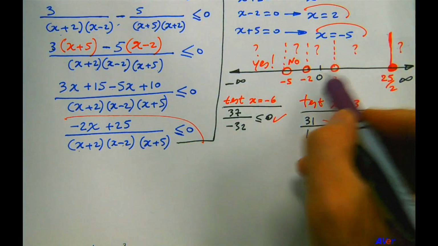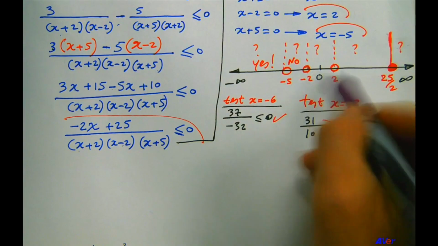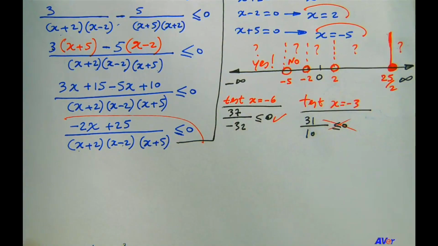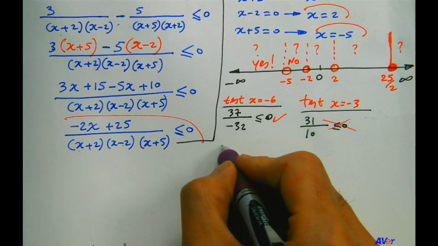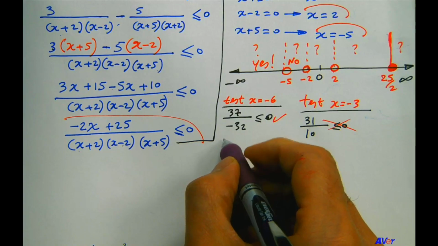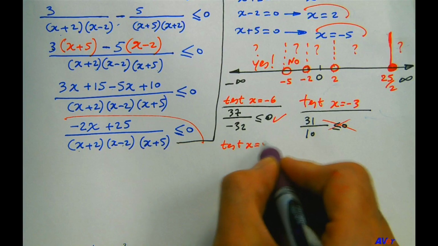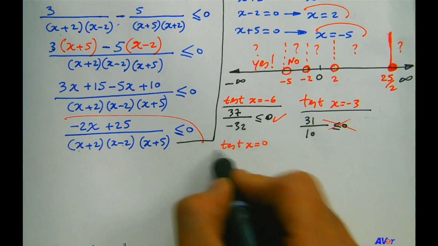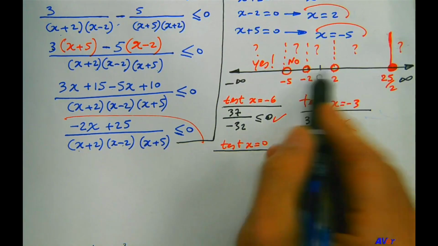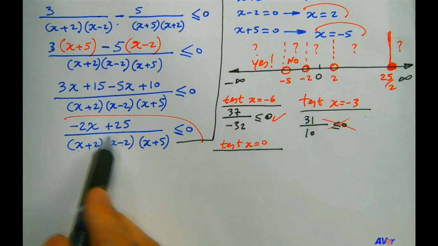Now let's pick a number between negative 2 and 2. The easiest number would be 0. So test x equals 0, right? Between negative 2 and 2. And we're going to plug it in here.